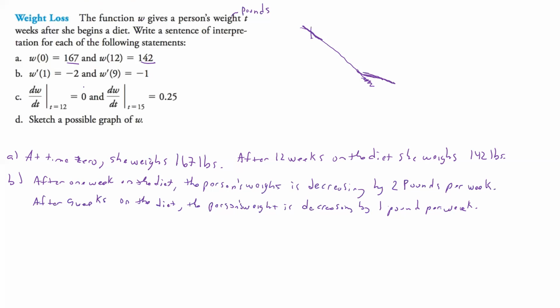All right, so C, what does this say? Well, it's taking the derivative again, and we could rewrite this as W prime of 12 is equal to 0.